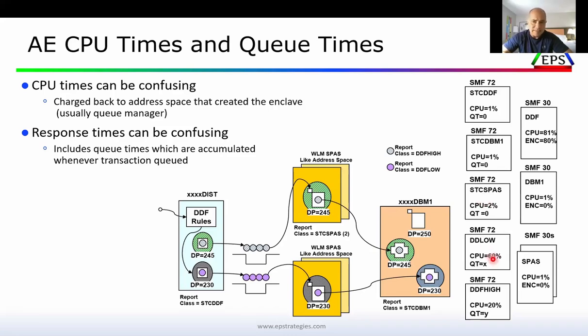All the CPU time is that of the transactions in their report classes. But when you look at the type 30 record, again, it's the DDF address space that gets all the CPU time for all of this flow, goes back to the dist address space and not to the DBM1 and not to the SPAS address space. So that's important to understand when looking at these DDF type of transactions executing stored procedures.